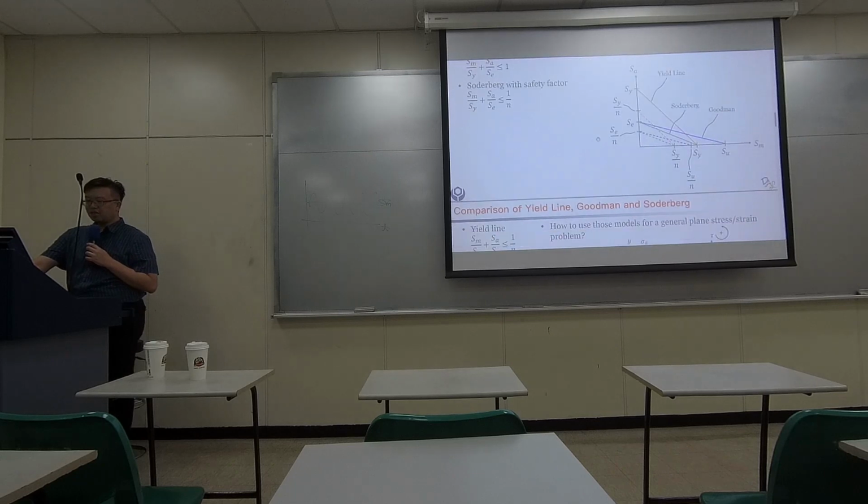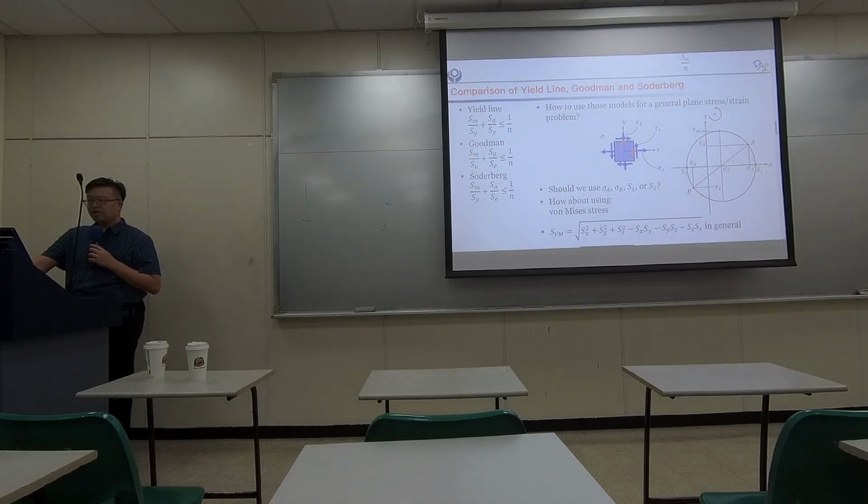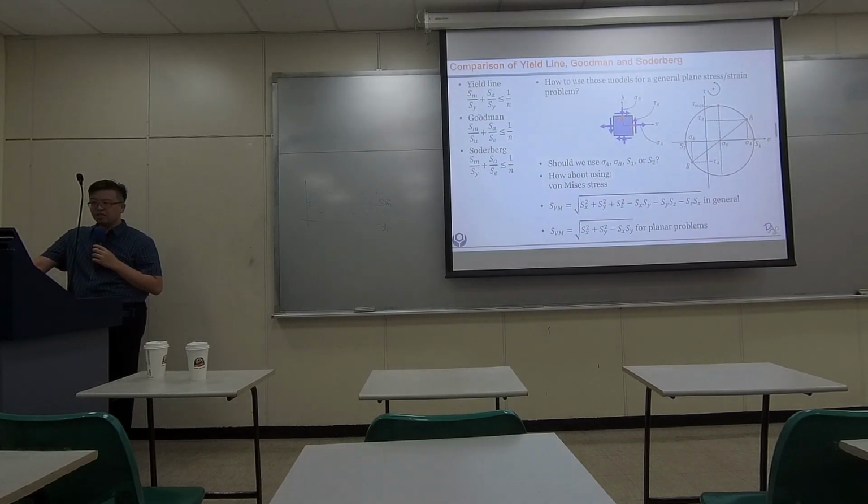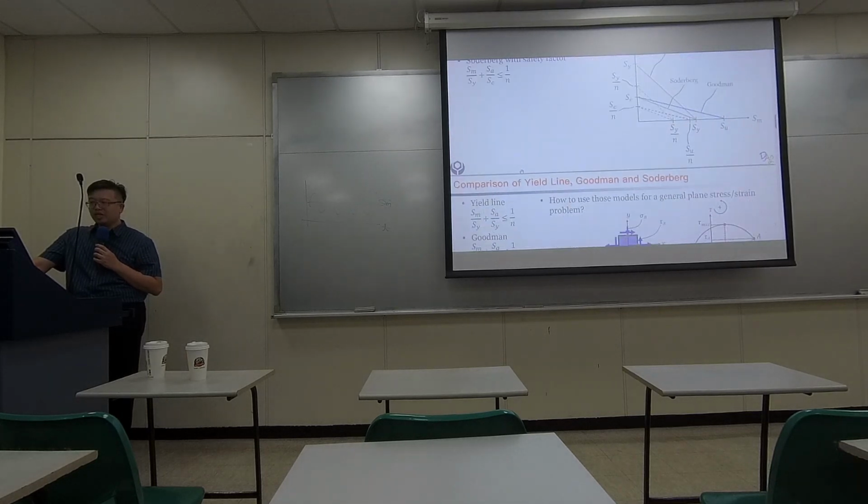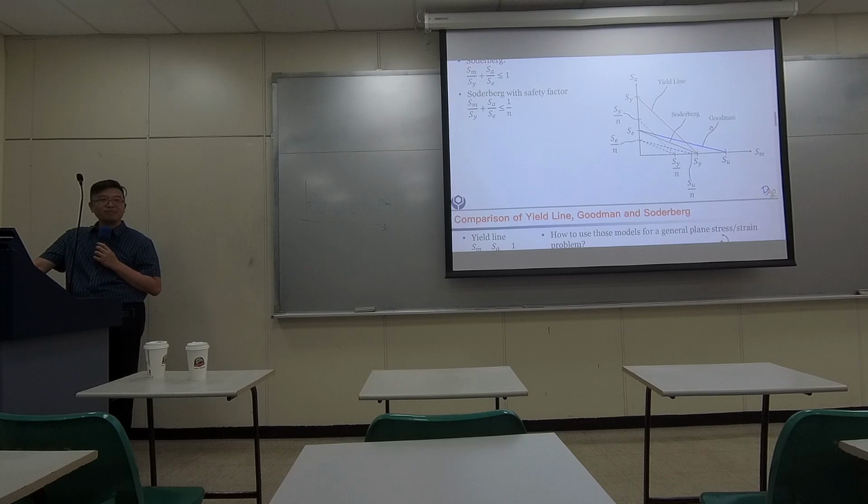Now, since we have those, we can put them all together and try to compare them. I always recommend students not to memorize this because they look so alike with each other, and you just cannot remember this too easily. So I think the easiest way to memorize all these three is to follow the diagram.